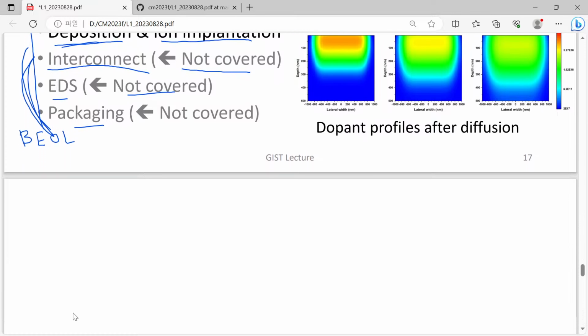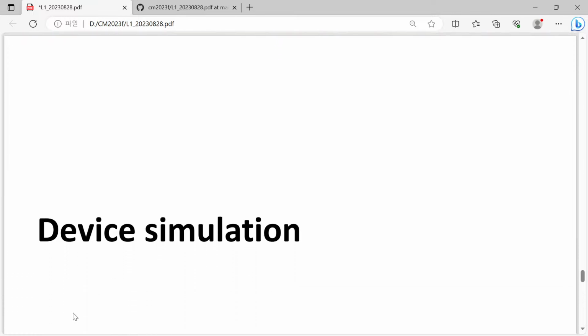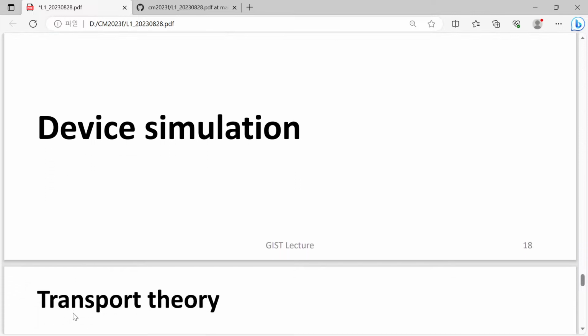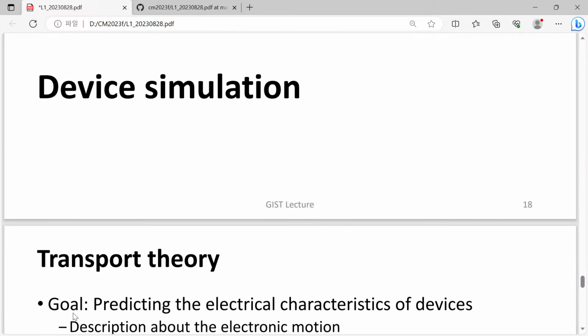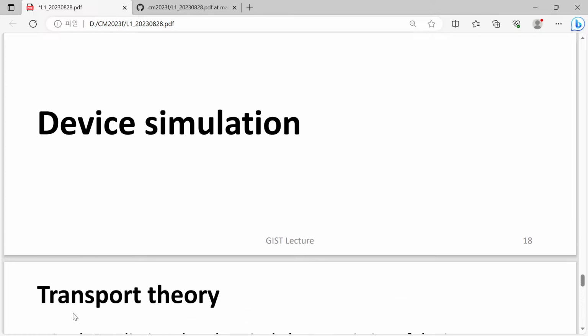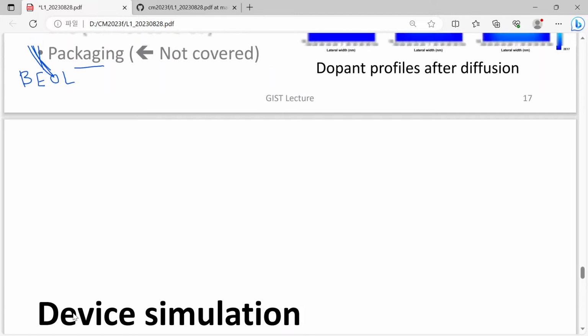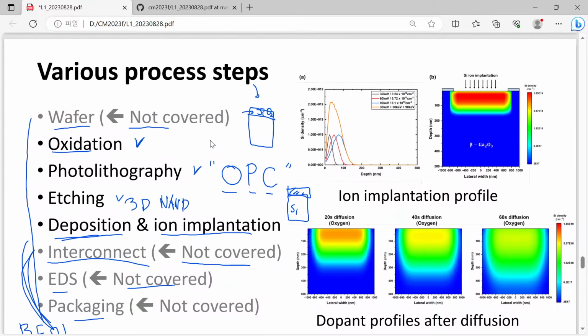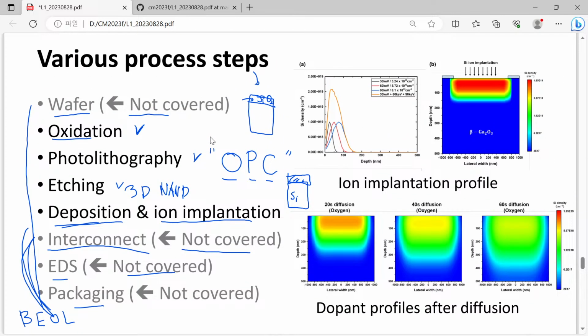Okay, now let's go to our discussion about device simulation. I think that I have only one slide for this one. The major difference between process and device simulation is that in the case of process simulation, we cannot identify one single rule. For example, oxidation has its own physical rule.